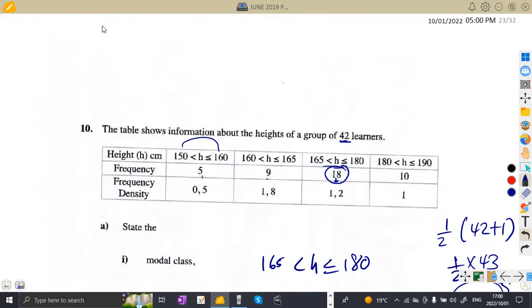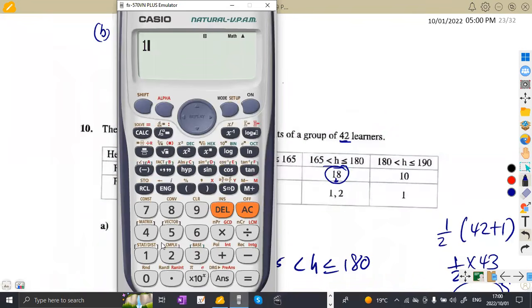So this one, I'm going to do it here. So we are going to have 150, because it's the class center here, or the frequency by the class center. So 150 plus 160, whatever that we get, we divide by 2. That is your class center.